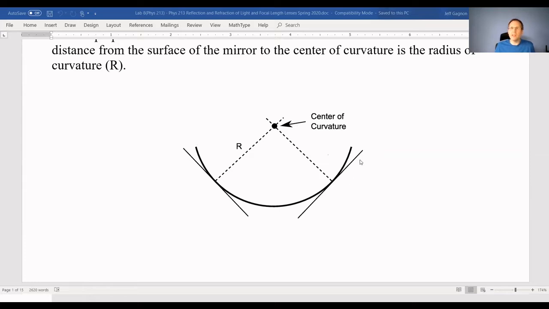So I drew two tangent lines, in this case, one here, one here. Then using a protractor, I drew a line perpendicular to that tangent line, and another line perpendicular to the other tangent line. And where they cross should be the center of that circle. So the distance from that center to the mirror is the radius of curvature, right? It's the radius of the mirror.